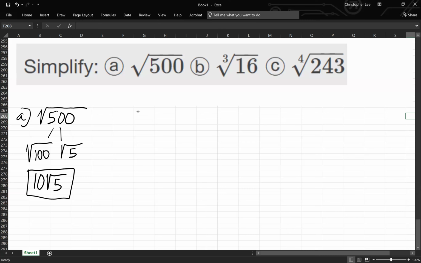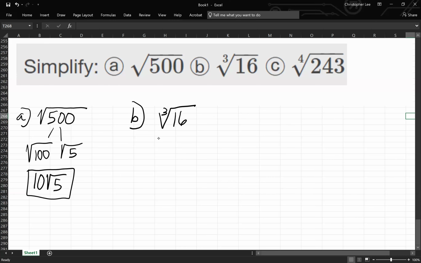But what about B? For B, I have the cube root of 16. Now, is there a perfect cube that goes into 16? Turns out there is.